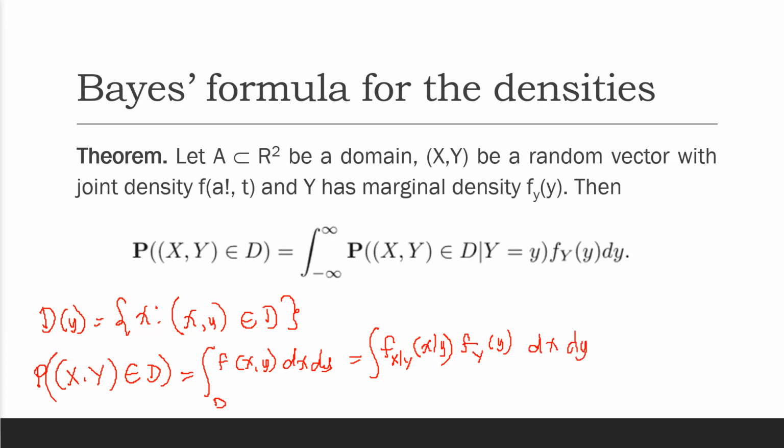This is equal to the integral of f of y dy from negative infinity to infinity, times the integral of the conditional density of x given y dx, which refers to D of y.